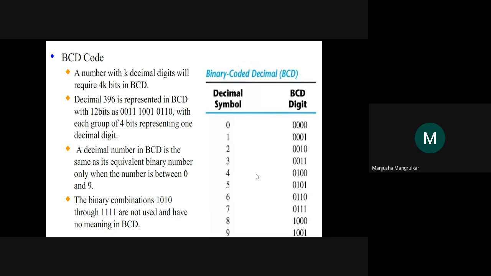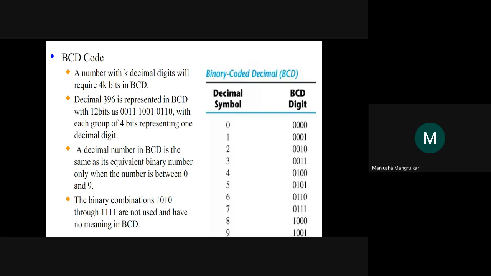After 9, there are no 10, 11, 12 in BCD, and no A, B, C, D as in hexadecimal numbers. So decimal 396 is represented in BCD with 12 bits. If we convert 396 of decimal into binary, we need to divide it by 2 and do the whole process. But in BCD, the individual 3, individual 9 and individual 6 are each converted into BCD numbers.